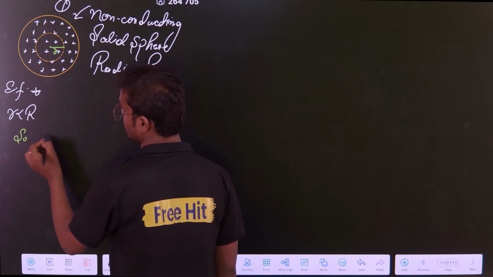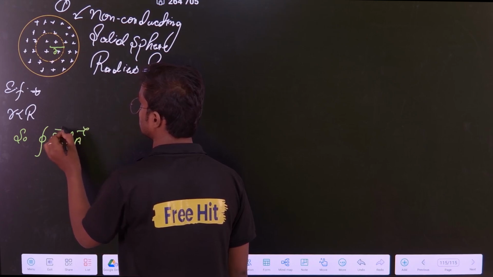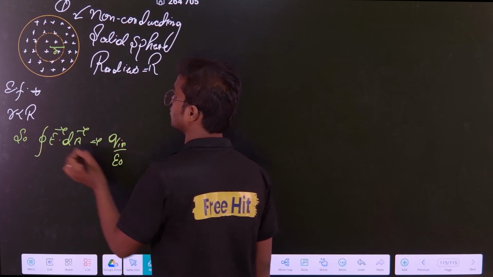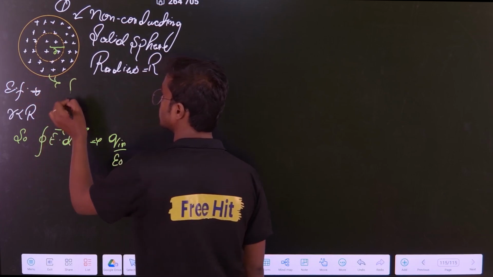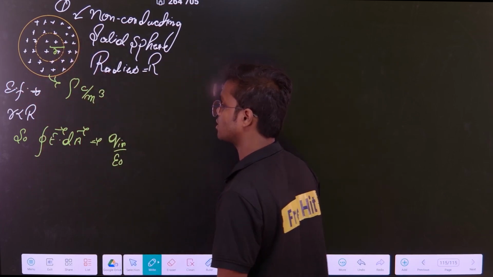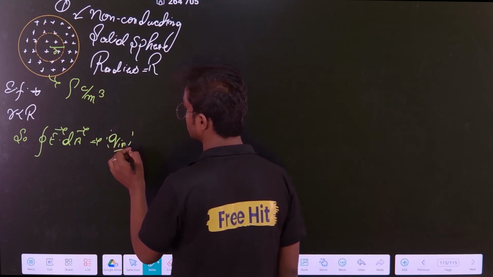According to Gauss law, the integral of E dot dA vector should be equal to Q inside by epsilon naught. Now here obviously we will take rho, that is coulomb per meter cube, because the charge is in the volume. So what will be my Q inside?